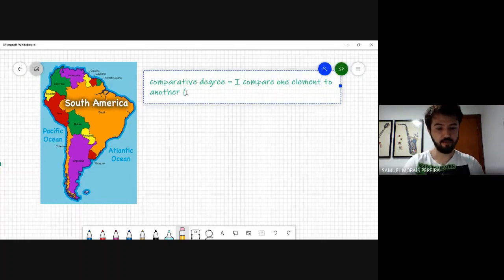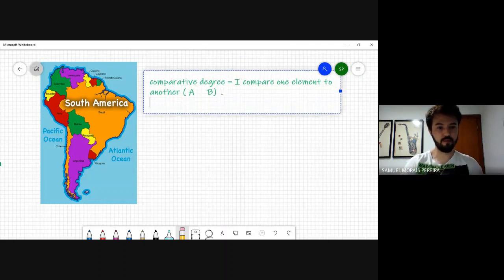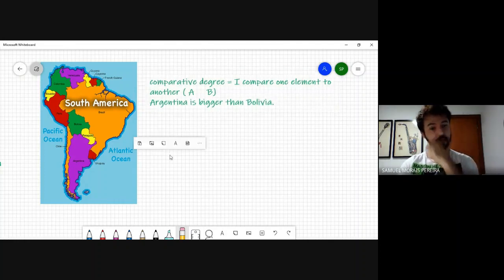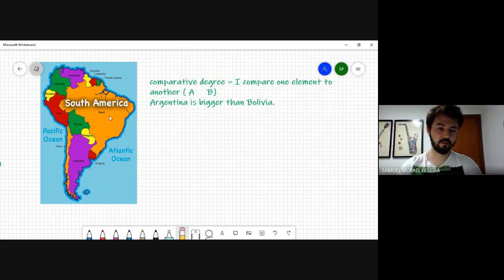So that means that I have element A and I have element B, okay? So I can compare, for example, Bolivia and Argentina. Take a look at the size. Argentina é maior que a Bolívia, so I could say Argentina is larger or bigger than, okay, bigger than Bolivia, right?